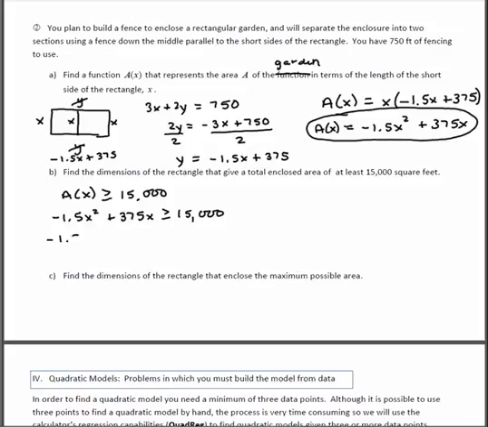So I'm going to write the inequality, bringing the 15,000 over, so I have it greater than or equal to 0. When I work by hand, I always start by solving the related equation. So I'm now going to solve as if this were an equality here.